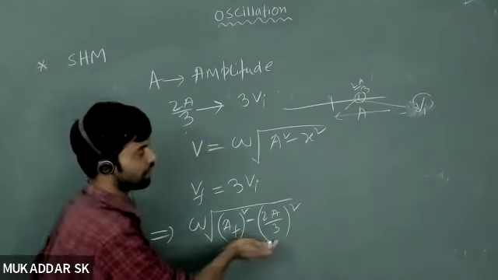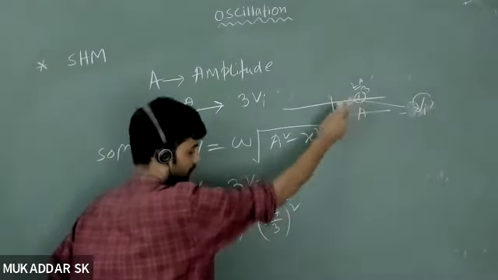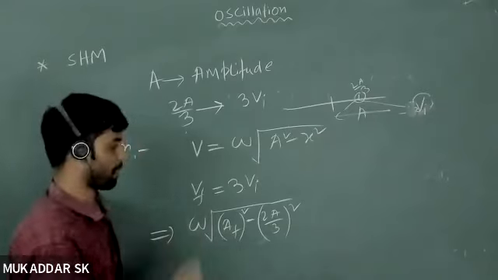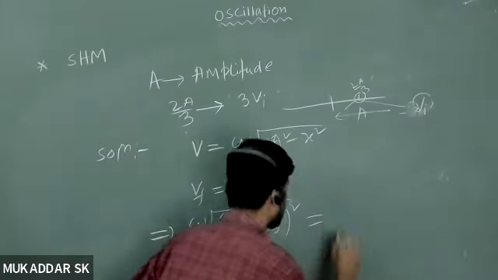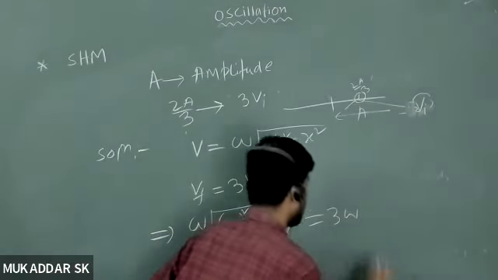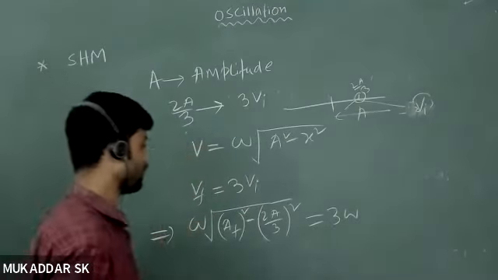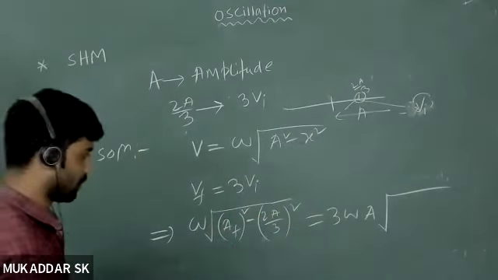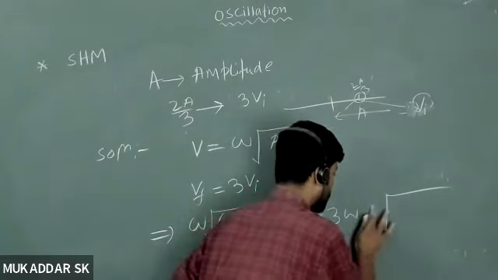The amplitude will be changed, that you have to calculate. And on the right hand side, it is very simple to write, because this will be 3 omega times a.